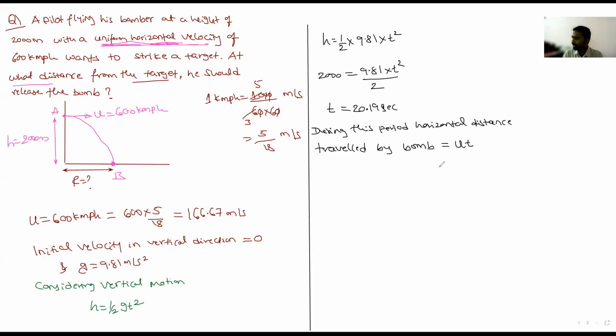Horizontal velocity into time. So horizontal velocity is given, that is 166.67 into, what is the time you have calculated? It is 20.19 seconds. So you will get 3365.06 meters. Yes, this is the required answer.